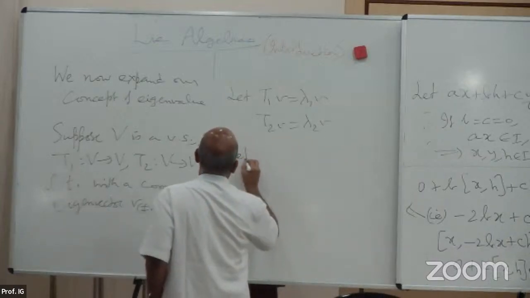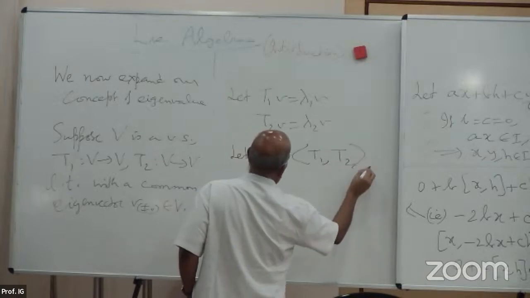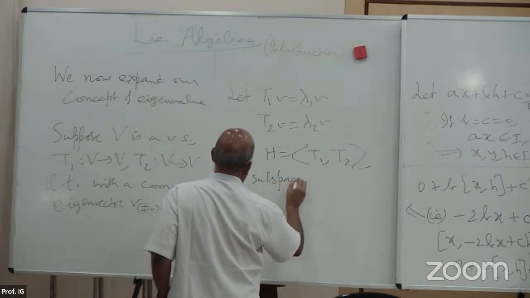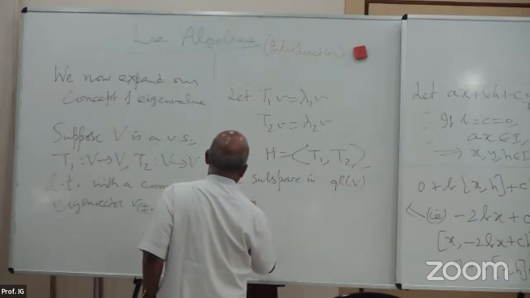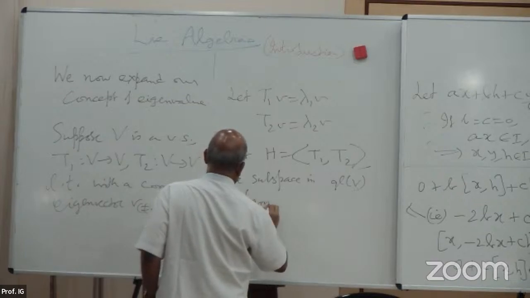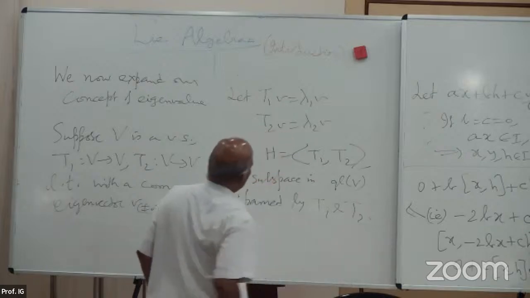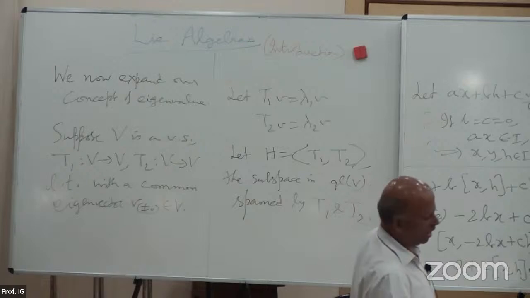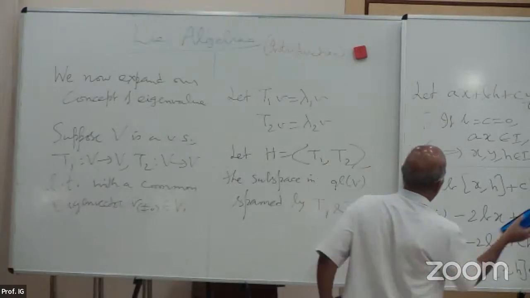Let us take it as H. Okay, T1 and T2 are two linear transformations from V to V. So they belong to GL(V), and we take the subspace spanned by T1 and T2.